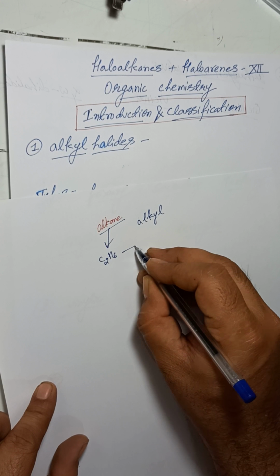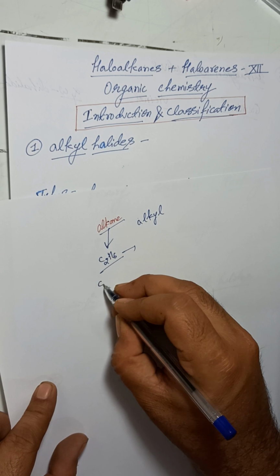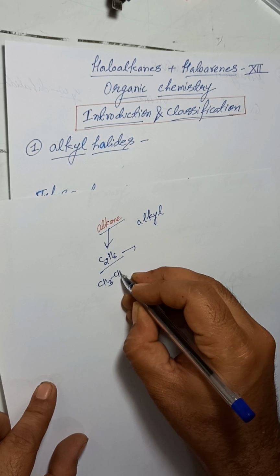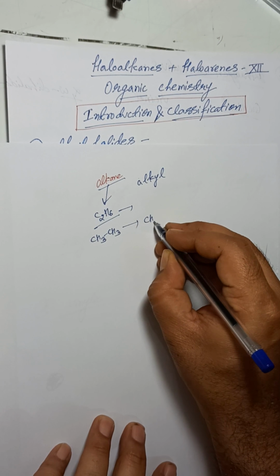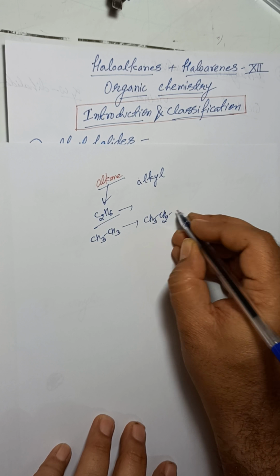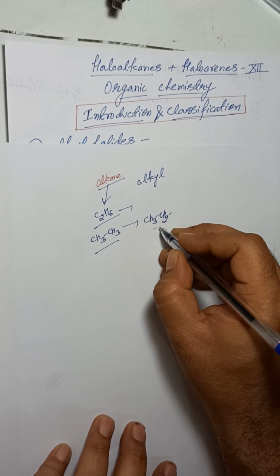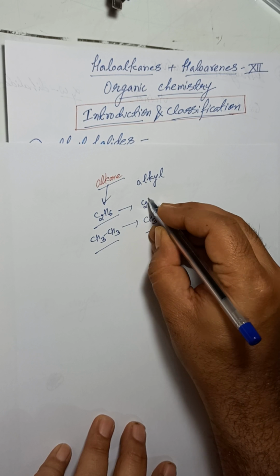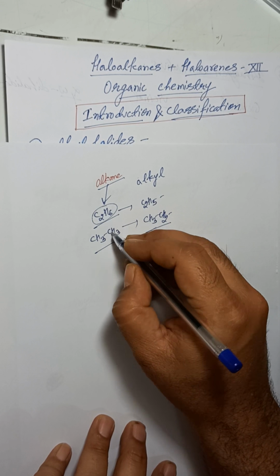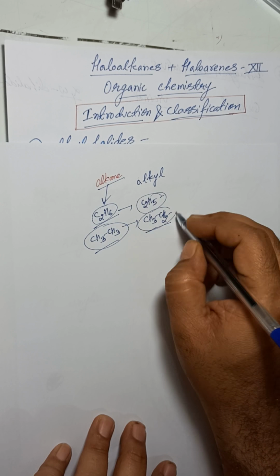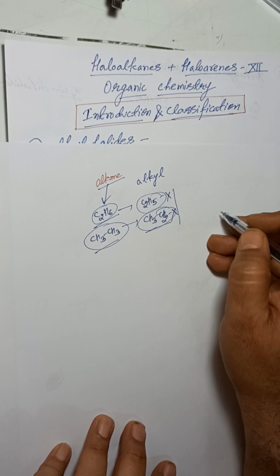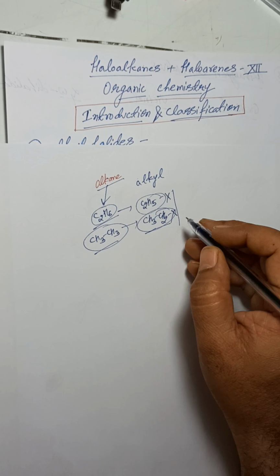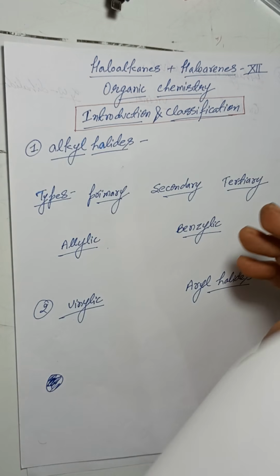Let me remove any hydrogen. This is alkane. This is alkyl. And if I put any halogen over here, this is alkyl halide or haloalkane.